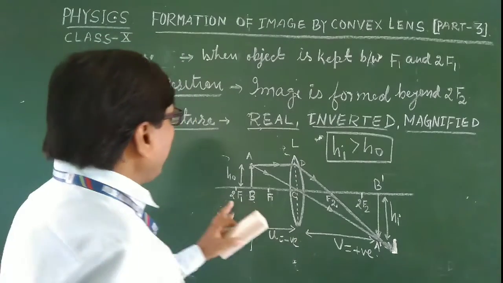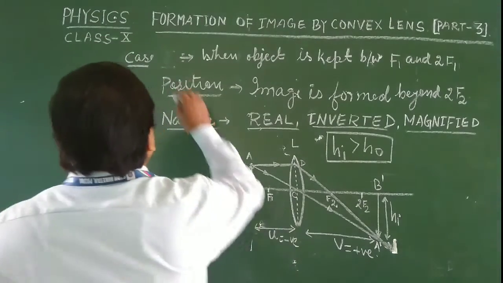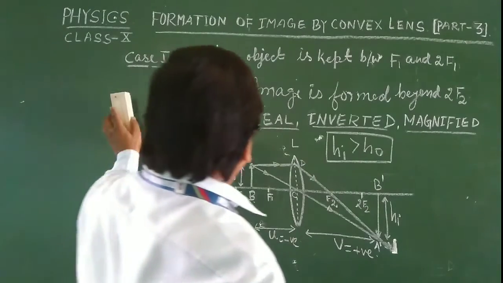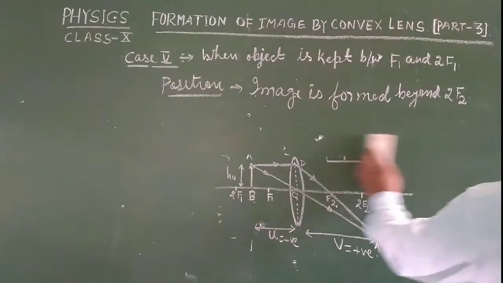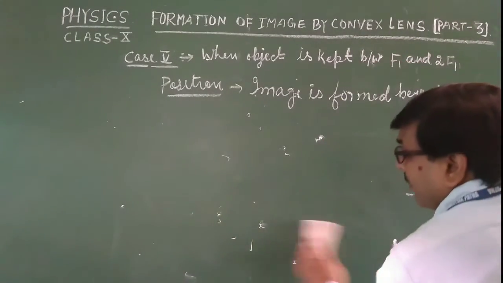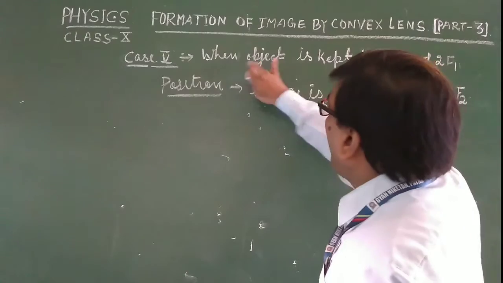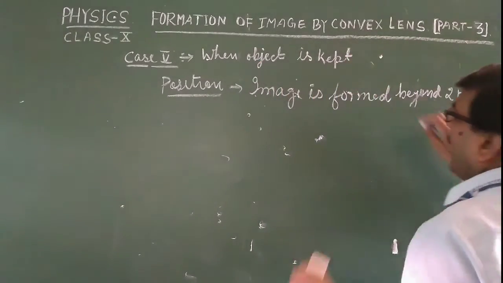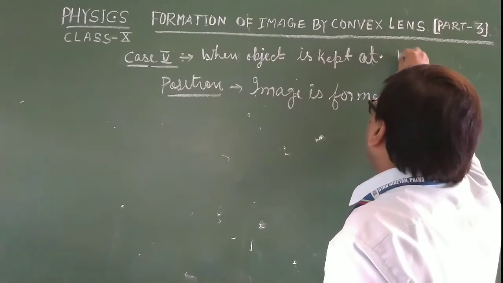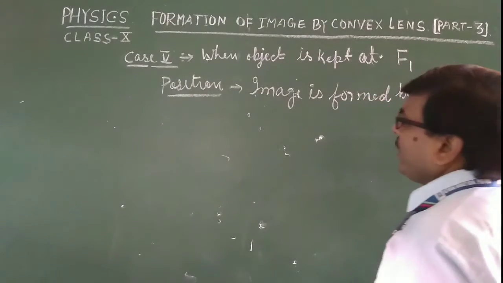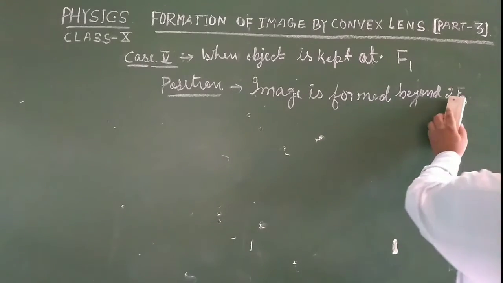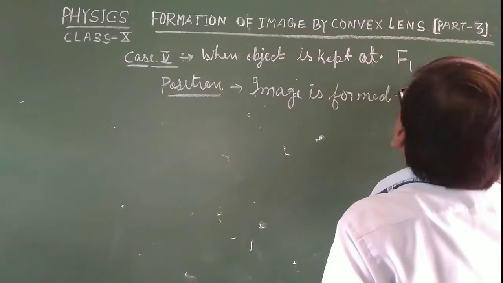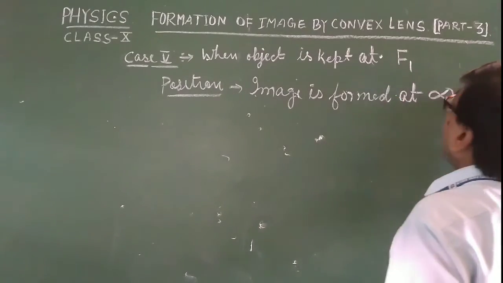The fifth case is: if the object is kept at F1. Try to draw the diagram. When the object is kept at F1, the image is formed at infinity.